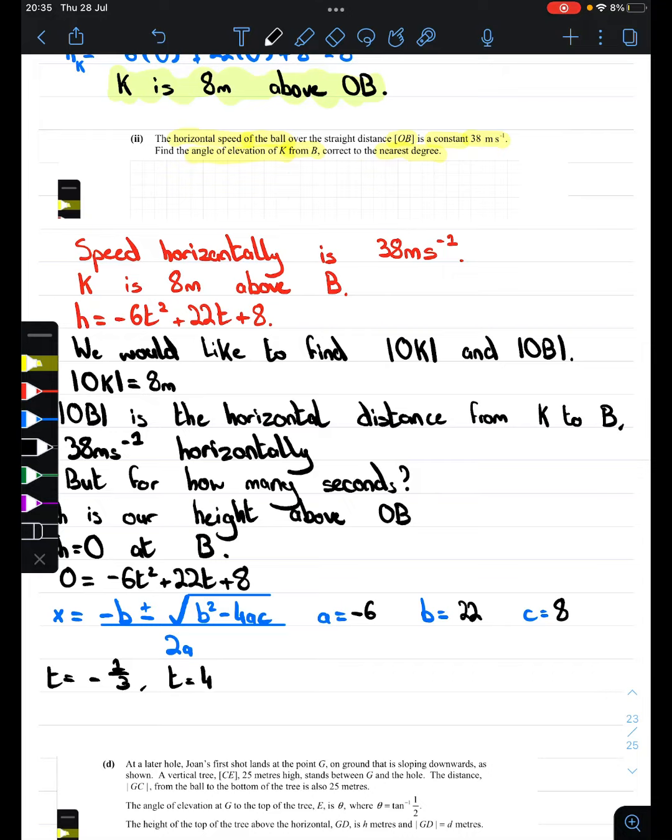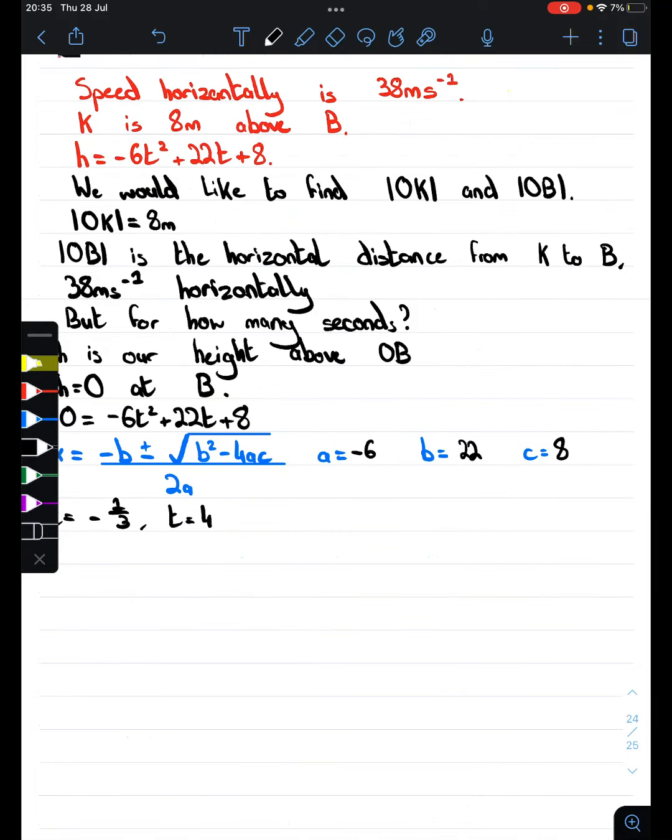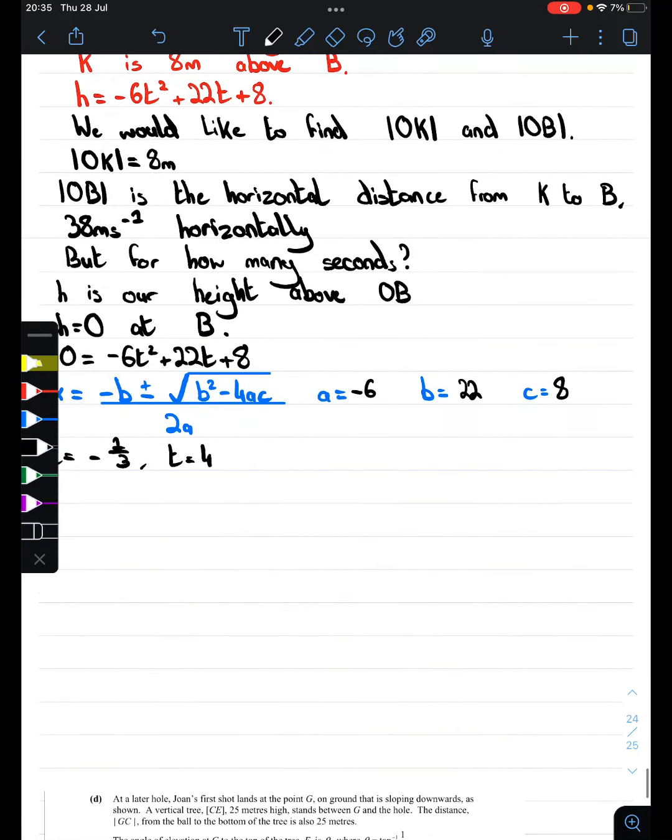Obviously, t can't be minus 1/3, so t must be 4. So it travels for 4 seconds.